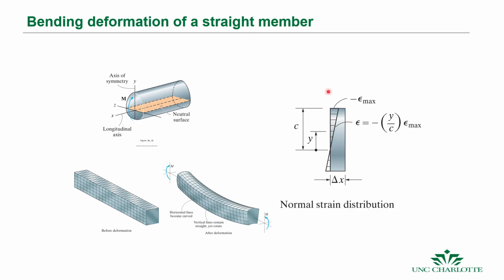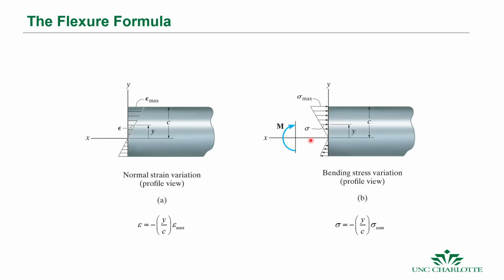Okay, the strain distribution. The strain is going to be linearly proportional to the distance from the neutral axis. So we have the maximum strains at the top and bottom surfaces, and that's how those strains are distributed.